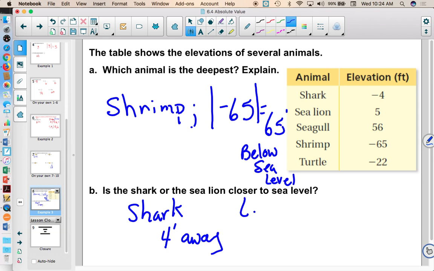And the sea lion you said was what? 5 feet away. Good. The fact that the sea lion's 5 feet above and the shark is 4 feet below doesn't matter. It just wants to know if you're actually comparing those absolute values. Okay? Does that make sense?